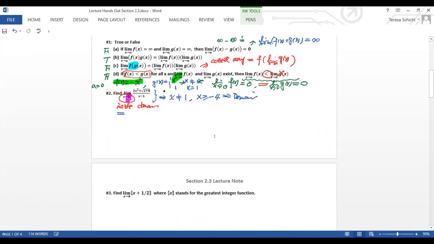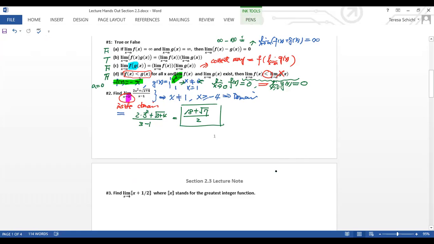So it's the same here: I plug in 3. So this is 3 minus 1, then 2 times 3 squared plus 3 plus 4. So this is 2, this is 18 plus the square root of 7. So the limit exists here.